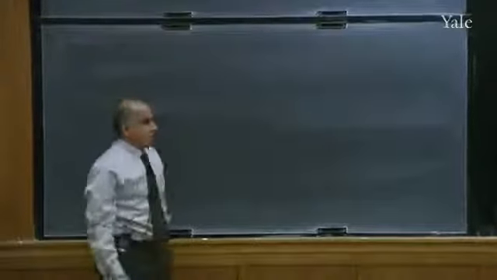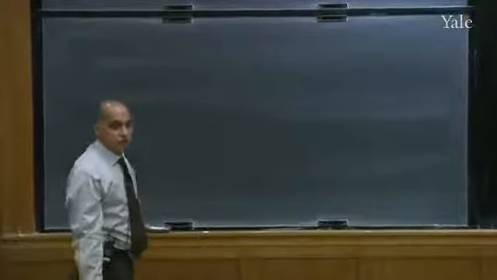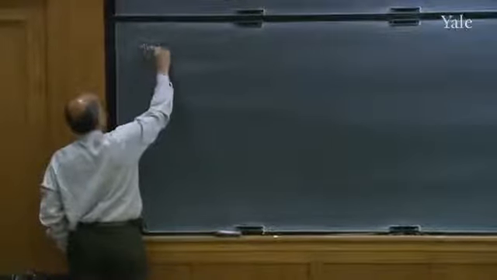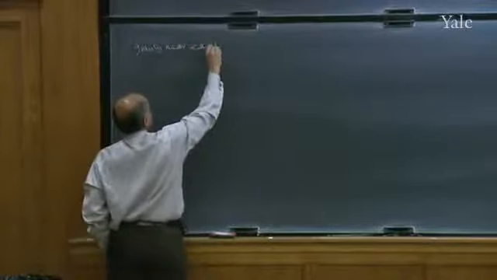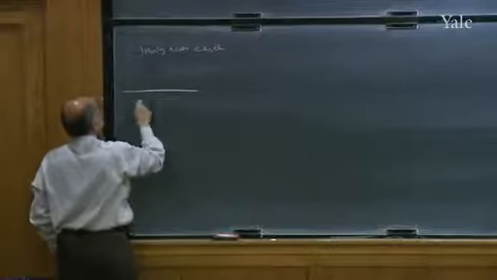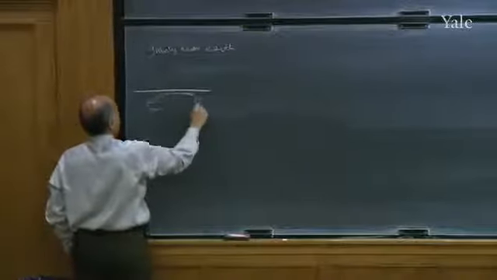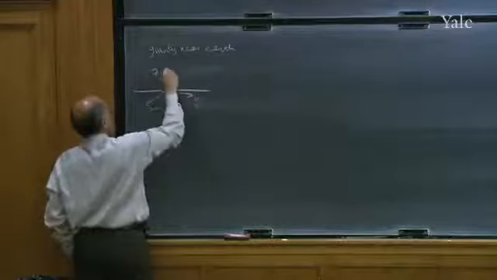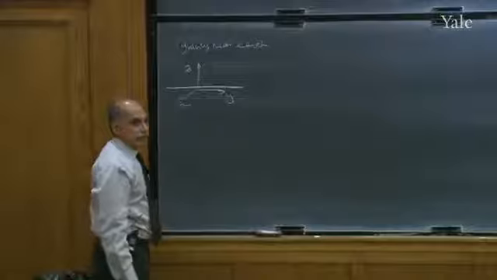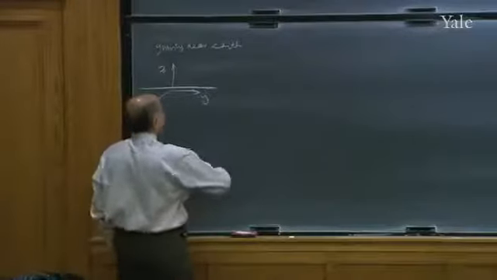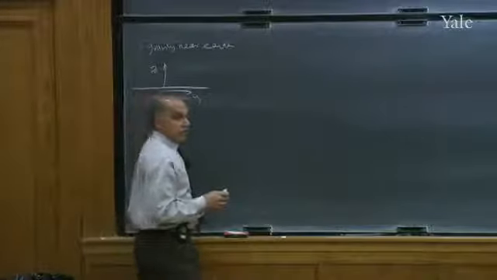So let me give you one simple example that we all know, which is the force of gravity near the Earth. So here is the Earth. So there are some x and y coordinates, and here is z. I might as well write down the answer because you all know this.